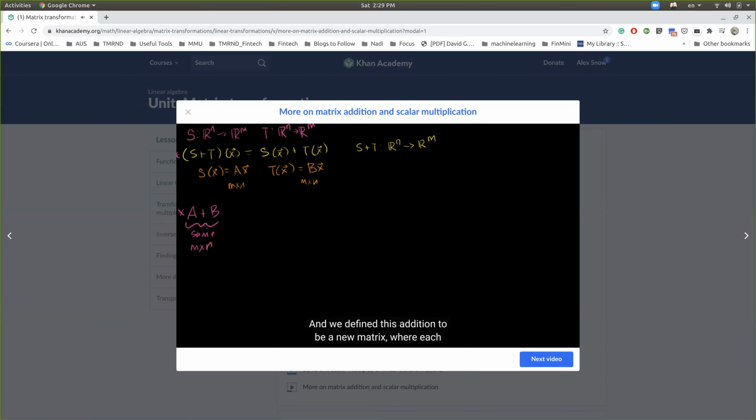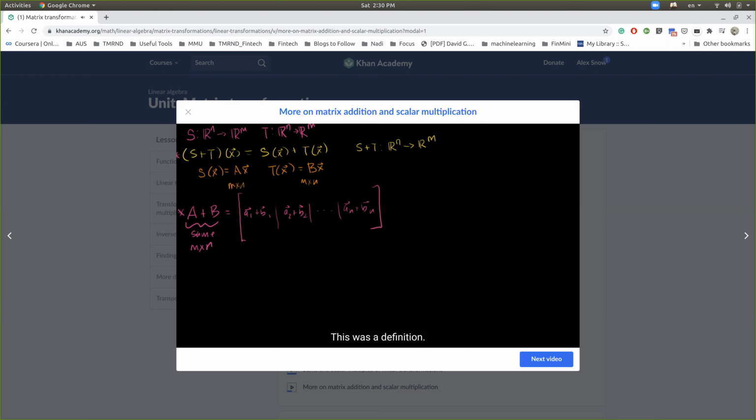And we defined this addition to be a new matrix where each column of this matrix is the sum of the corresponding columns of these matrices. So this matrix's first column will be the sum of A's first column and B's first column. So A1 plus B1. The second column is A2 plus B2. And it goes all the way to An plus Bn.